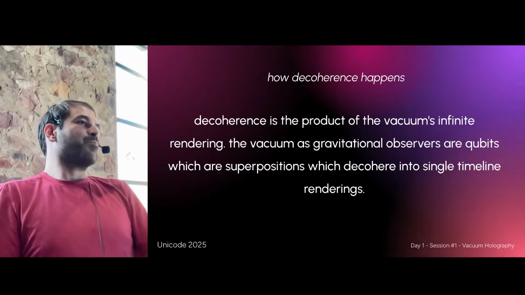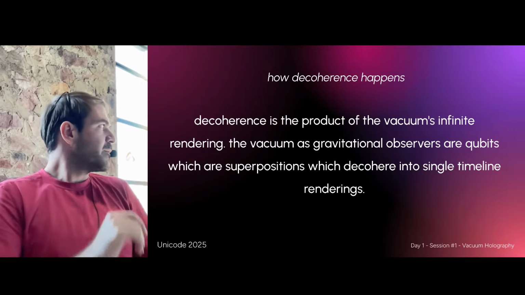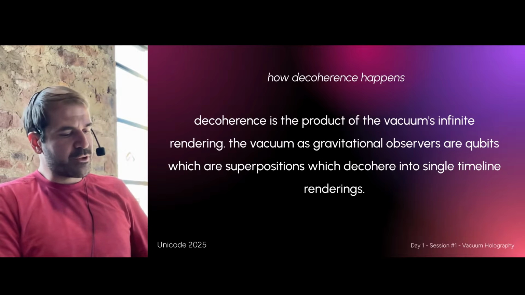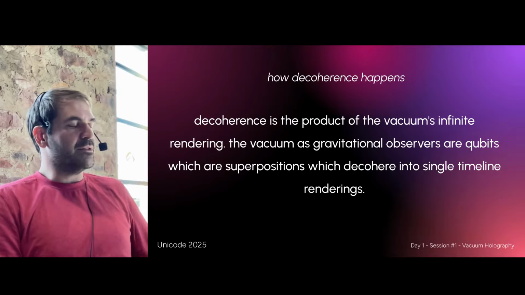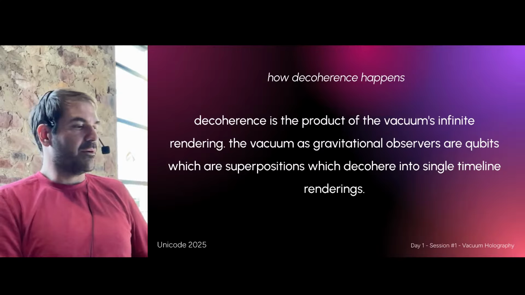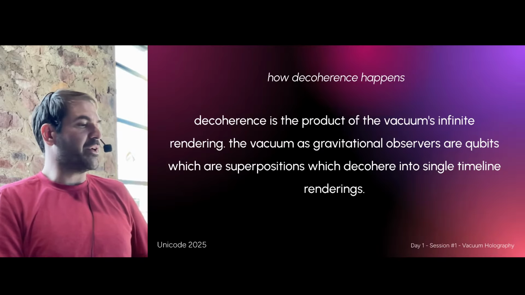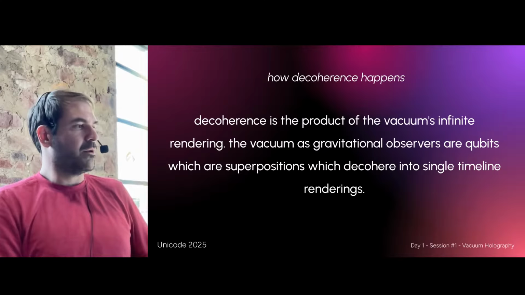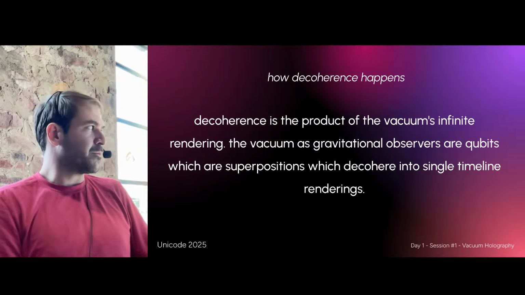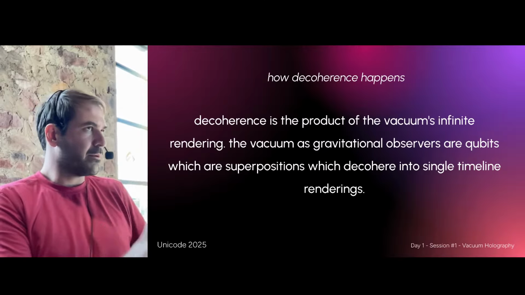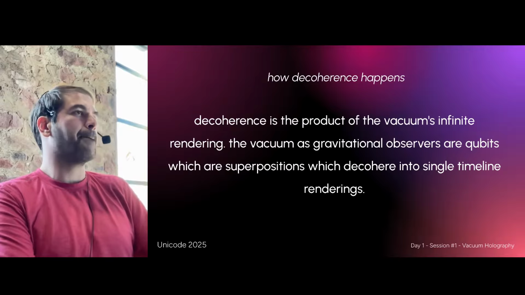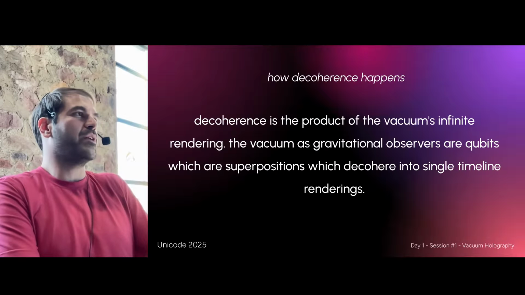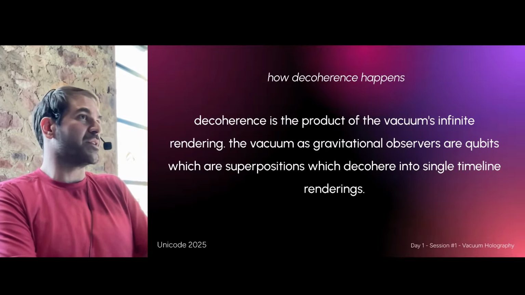So an observer is a qubit that decoheres its superposition into a single measured, rendered informatic experience for itself. The only way to decohere a superposition is through measurement.